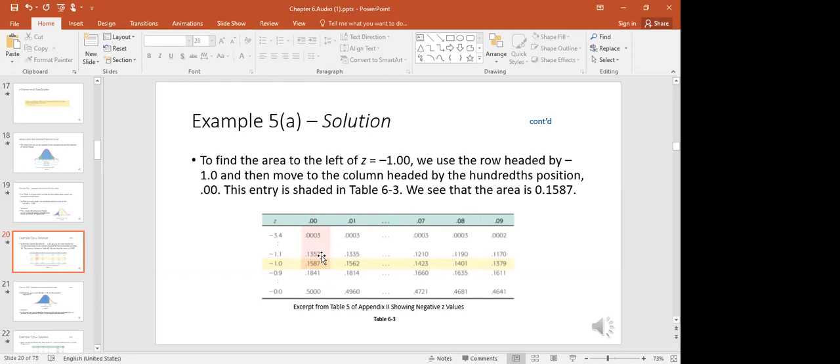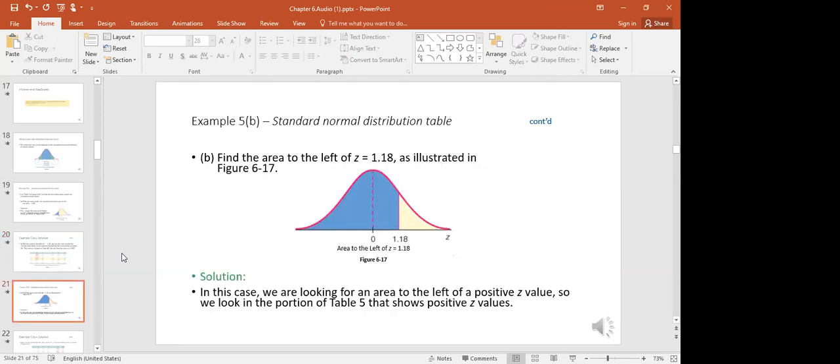And that area is actually 0.1587, which, as we said, is approximately 0.16. But it is easier to use a calculator to find area to the left. It is here on the PowerPoint so that you learn how to read the table, but you can also use your calculator to find that area.